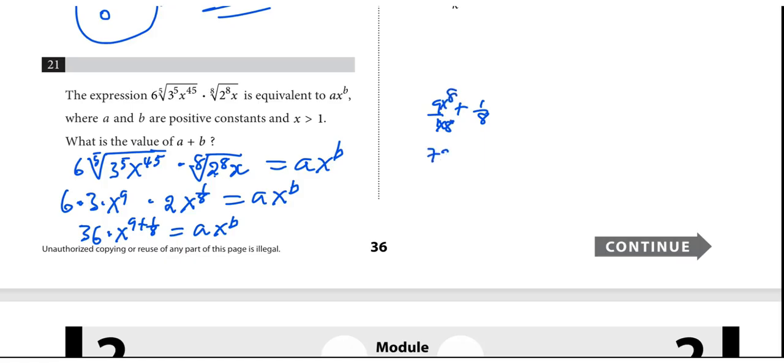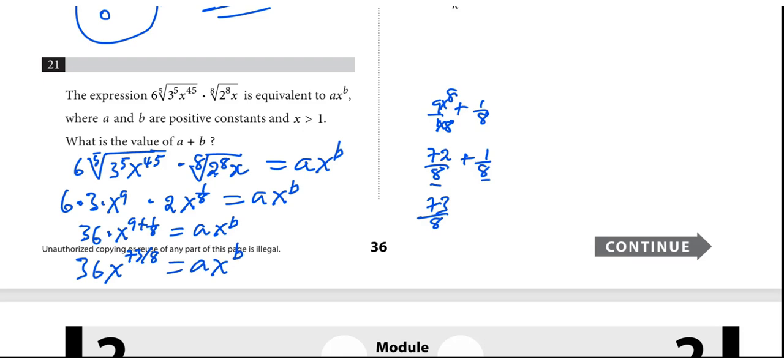So that gives you 72/8 plus 1/8. So we have a common denominator of 8. So 72 plus 1 is 73. So this is 73/8. So we now have 36 x to the power of 73/8 is equal to a x to the power of b.